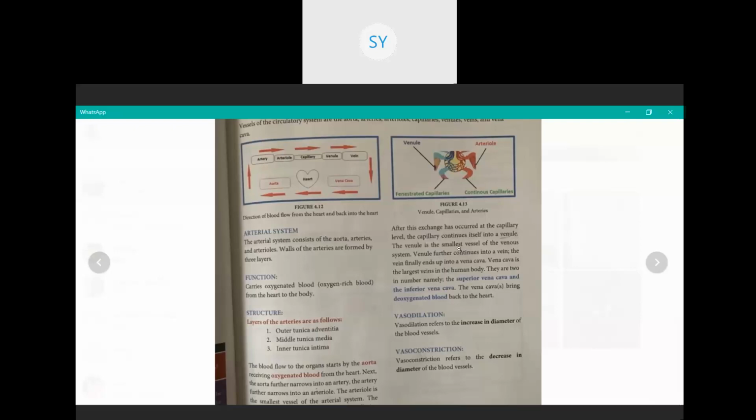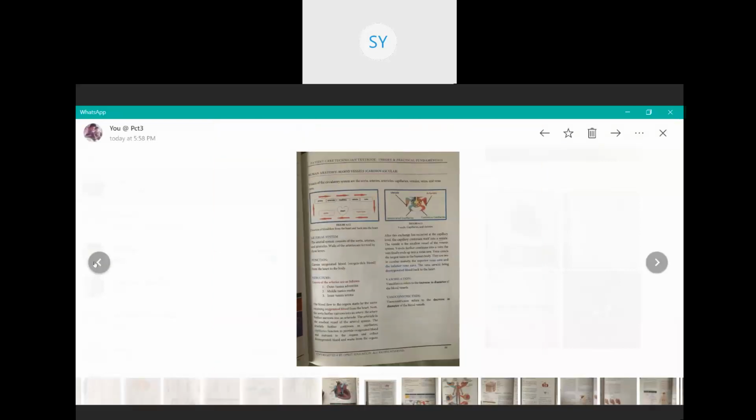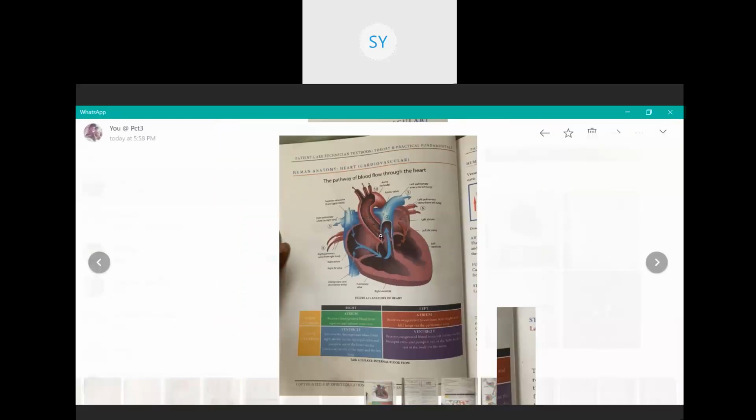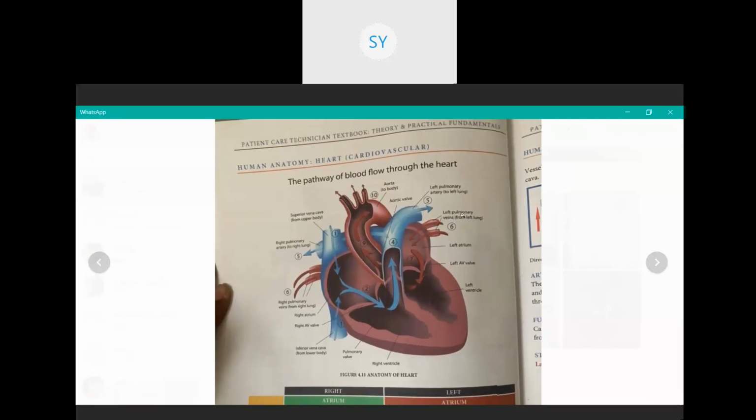So remember that. Another one is in the case of artery: I told you an artery contains oxygenated blood all the time, but there is an exception, the pulmonary artery. The pulmonary artery looks like this. See here, I'm talking about this portion, which is called the pulmonary vein.